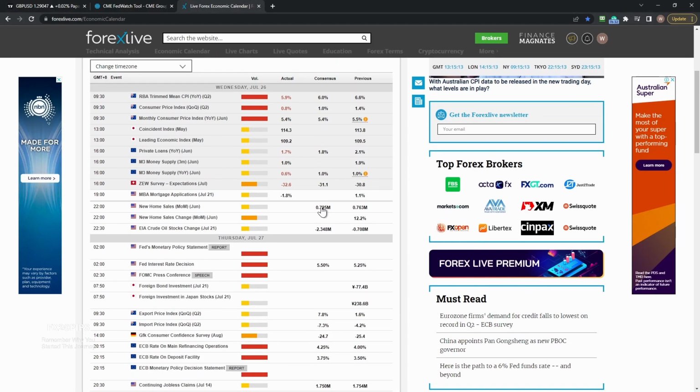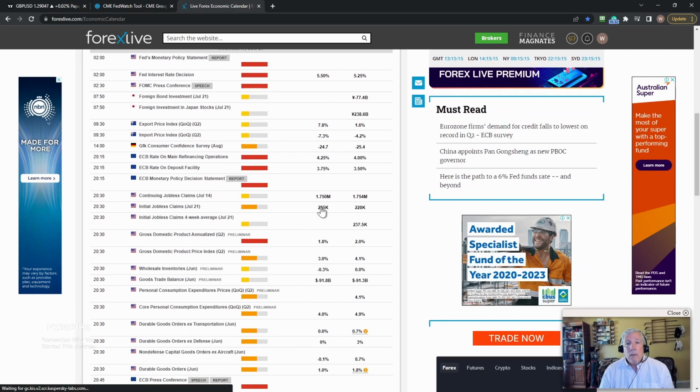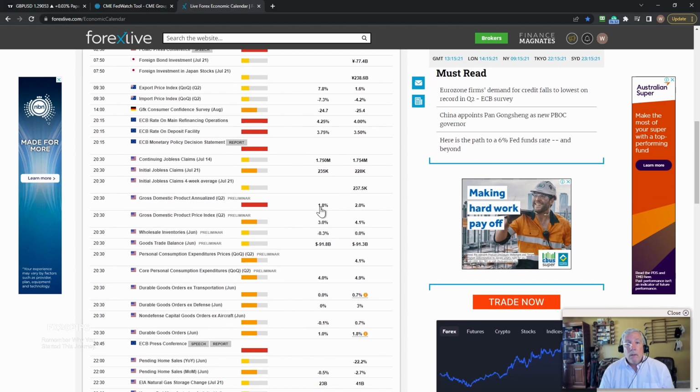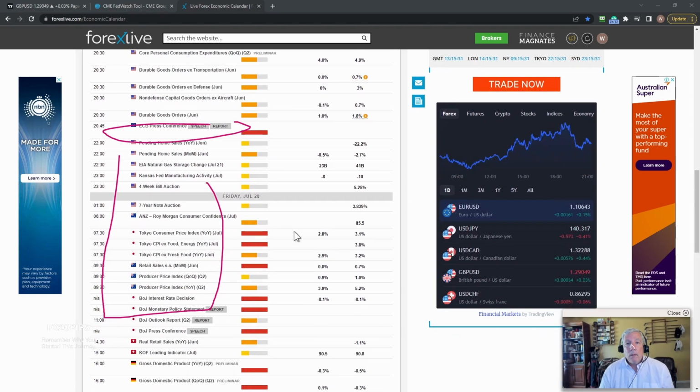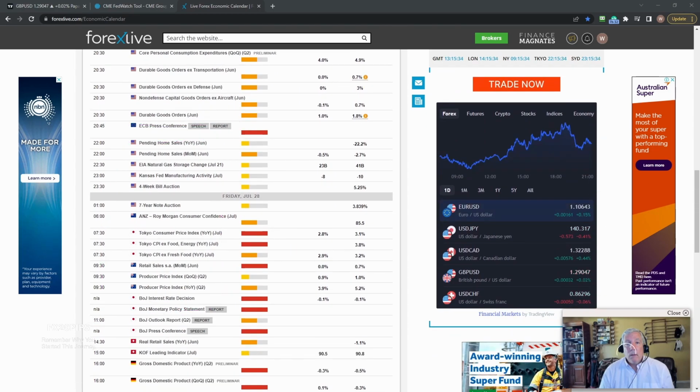Also after FOMC, we will have the ECB interest rate tomorrow. Then all these jobless rates. An important one would be the Japan interest rate. Yeah, Japan.